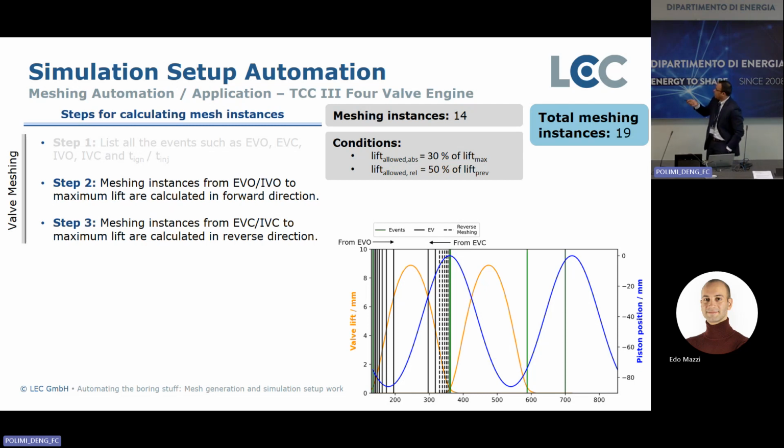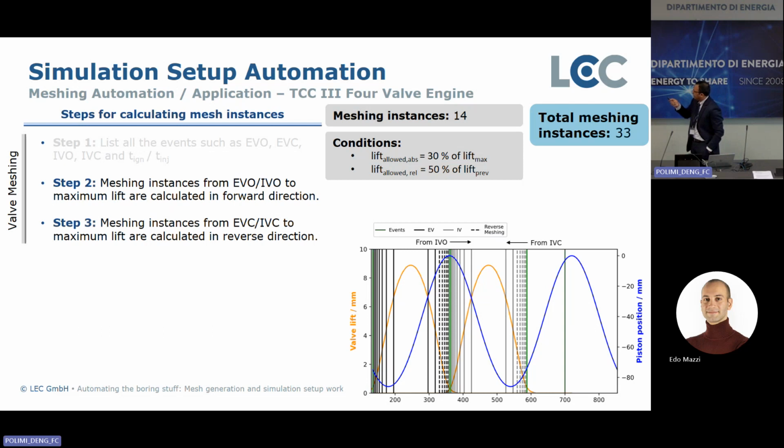So based on that, we get more mesh instances when the valve is closing and opening, because the exhaust valve lift and the intake valve lift are the same or very similar. Then we get exactly the same number of mesh instances here. So now we have in total 33 mesh instances already.